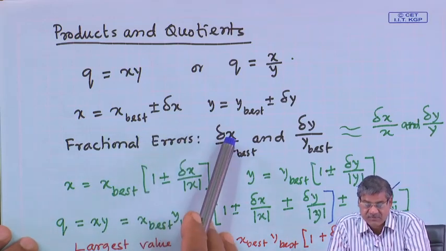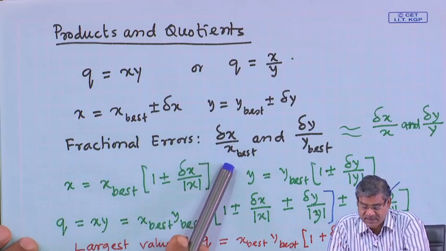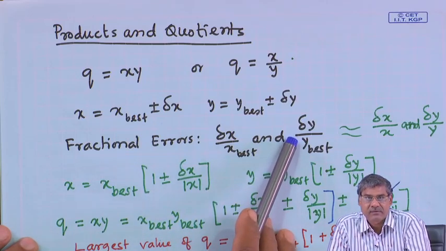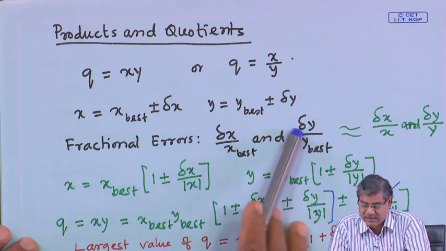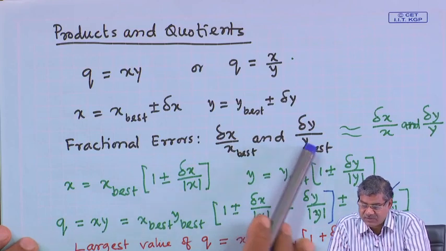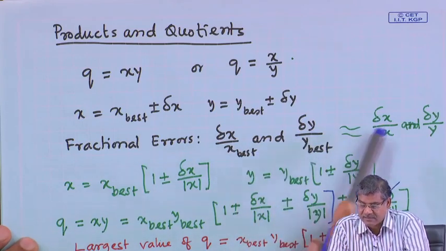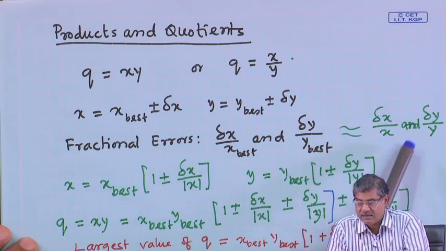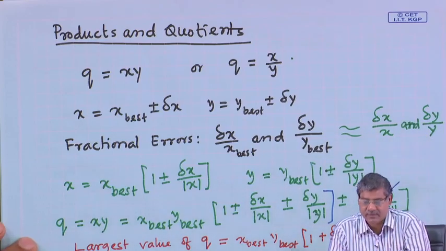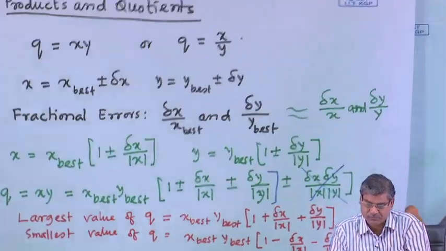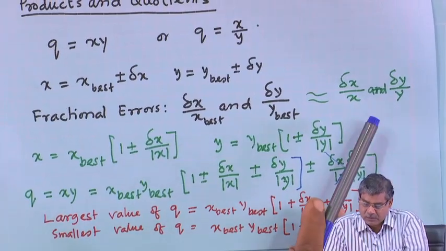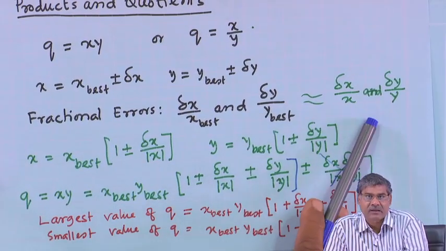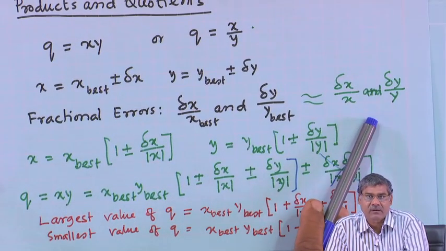That is defined by delta x by x best, and for y, delta y by y best. We generally write just delta x by x and delta y by y. This is the error in the form of fractional or relative error.